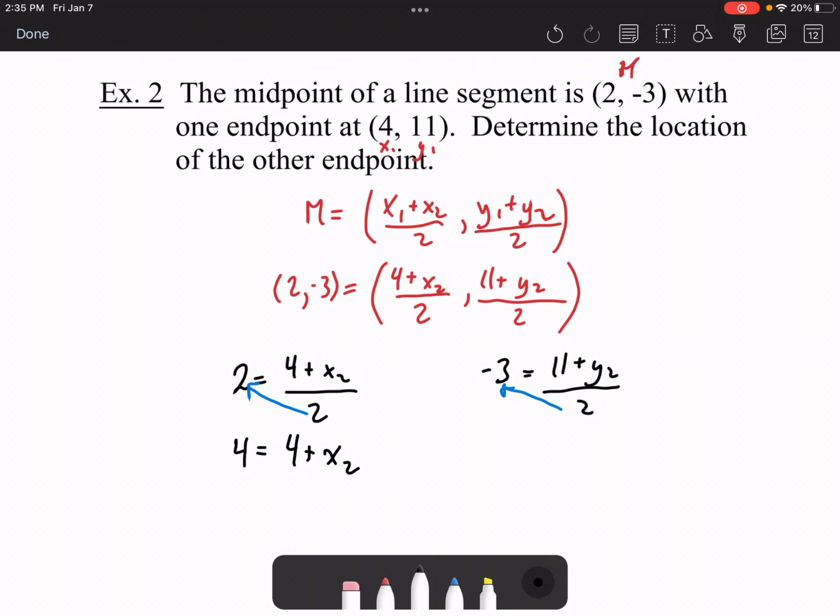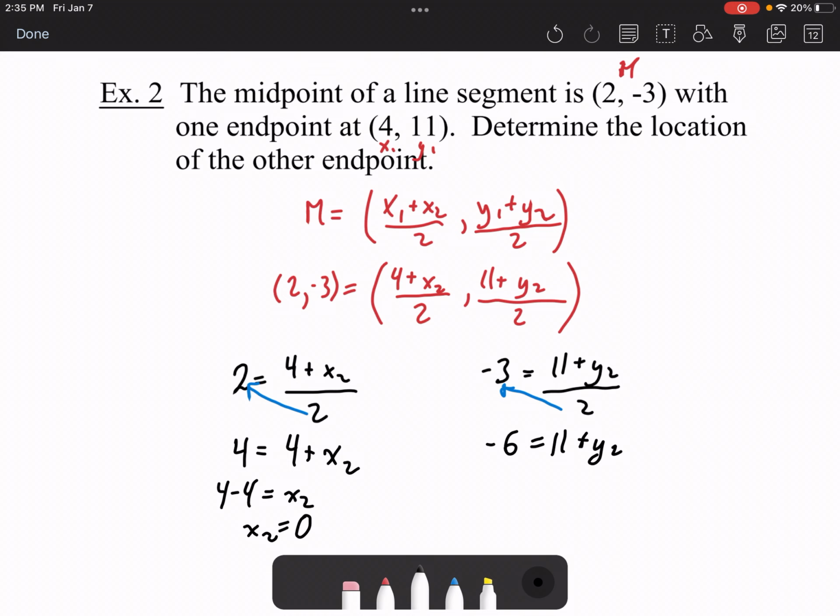You can subtract 4 from both sides, so I get x2 as 0. On my right hand side, the equation simplifies to negative 6 equals 11 plus y subscript 2.